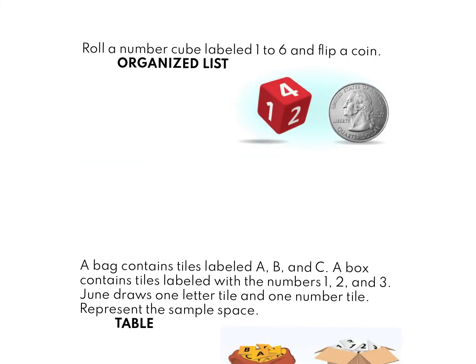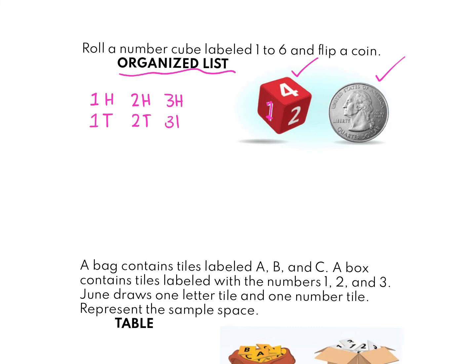Another way to make a sample space is with an organized list. So here's another scenario. We're going to roll this number cube labeled 1 through 6 and we're going to flip a coin. So what I can do is I can start with the 1. I can have 1 in heads. I can also have 1 in tails. Organized, I would then go 2 in heads, 2 in tails, 3 in heads, 3 in tails.